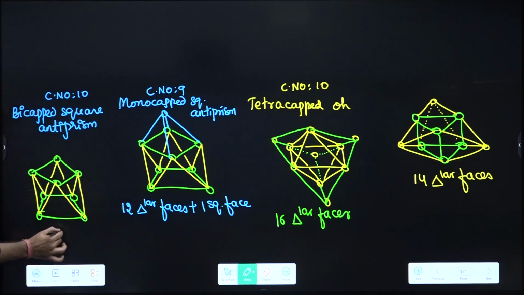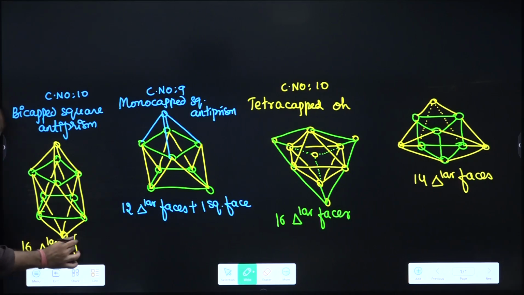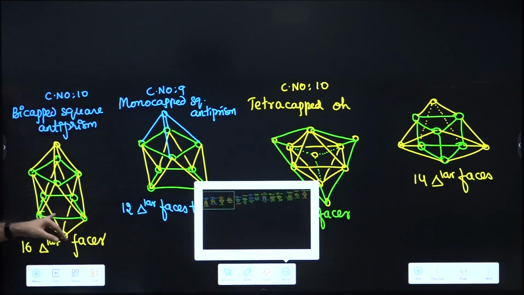One cap I am putting below, and 1 cap above. For this, how many triangular faces? 8 are in between, 4 above, 4 below. Altogether 16 triangular faces. No square faces, both square faces got embedded.